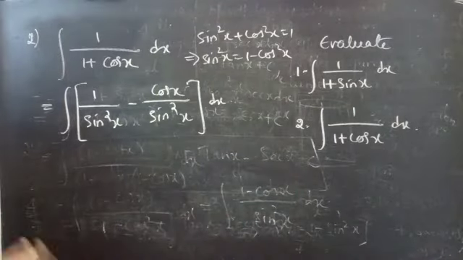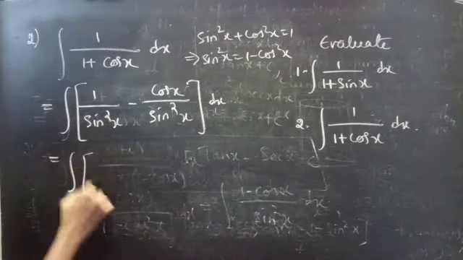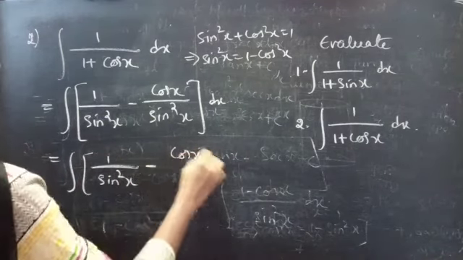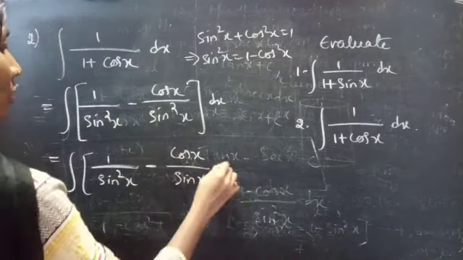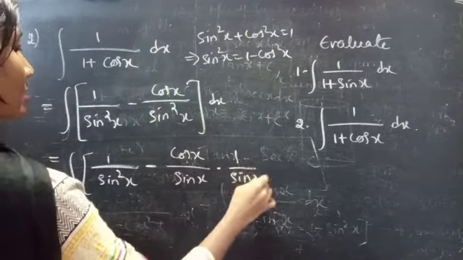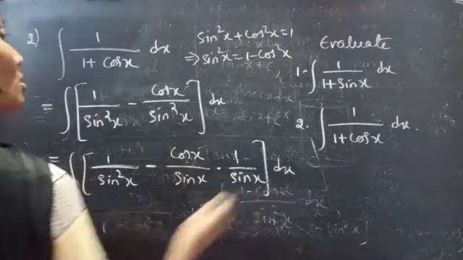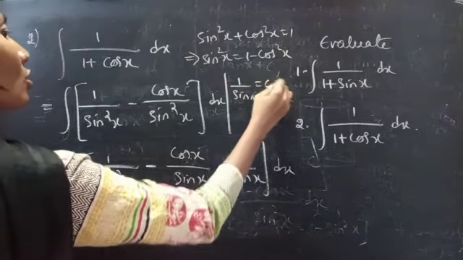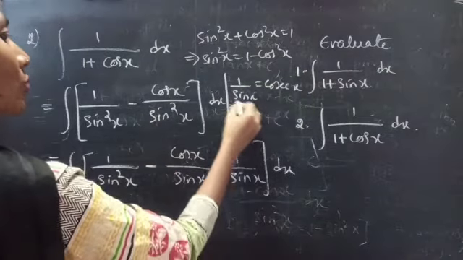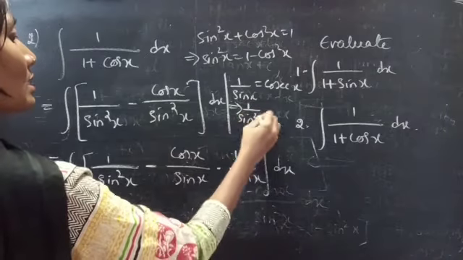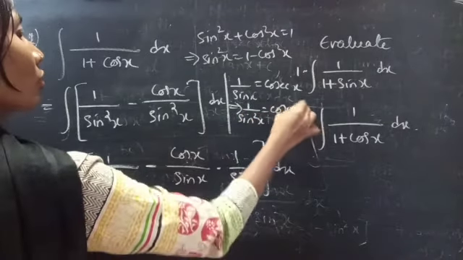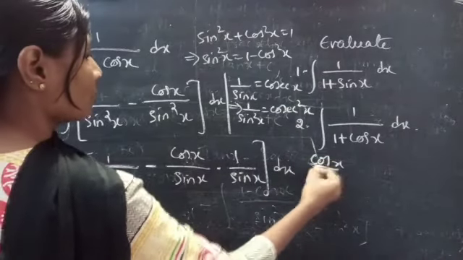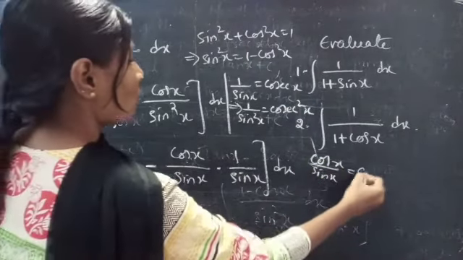So we could write it as 1 by sin square x minus cos x by sin x into 1 by sin x. Since we know that the reciprocal of sin x is cosecant x, if you square on both sides you'll get 1 by sin square x equals cosecant square x. And also we know that cos x by sin x equals cot x.